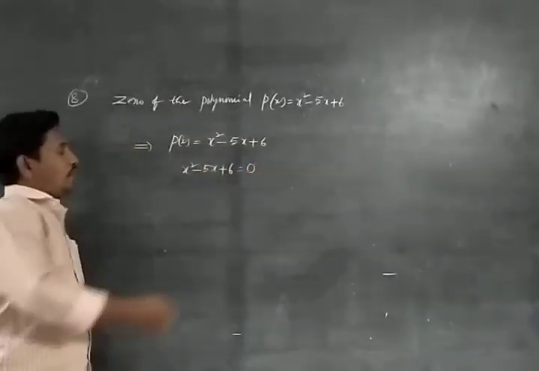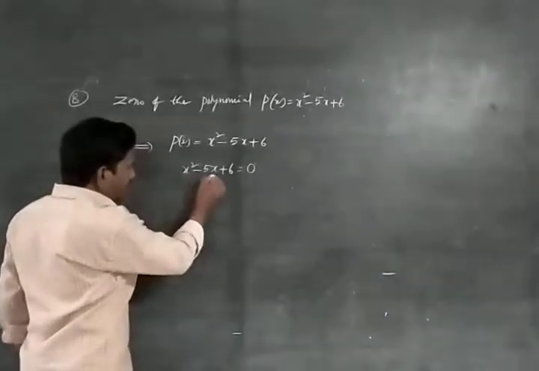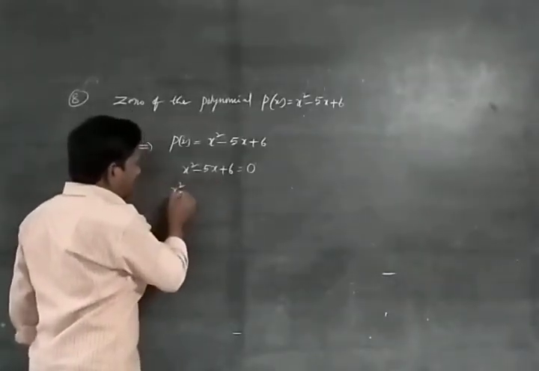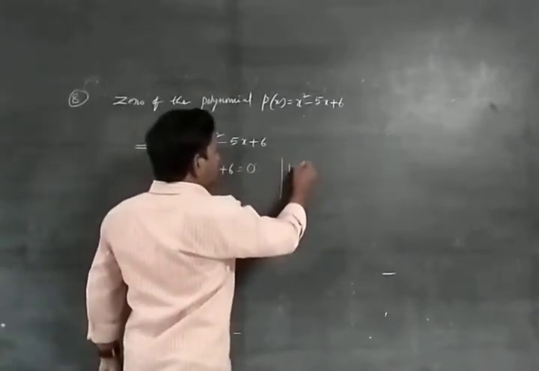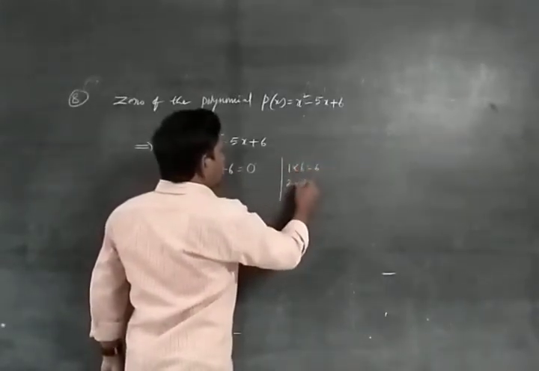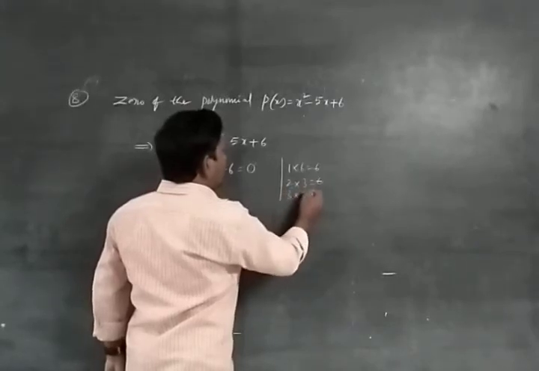Now we have to factorize. The middle term should be split using the product 1 into 6, which is 6. 2 threes are 6, 3 twos are 6.